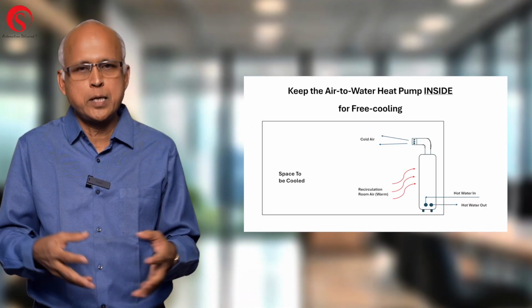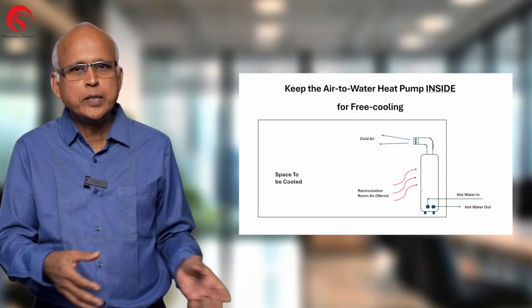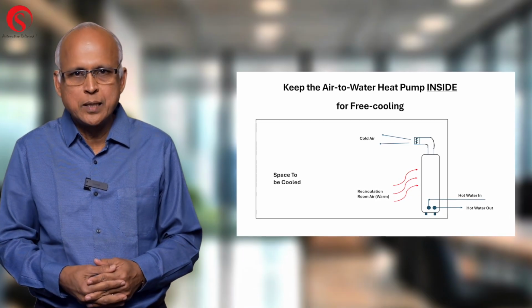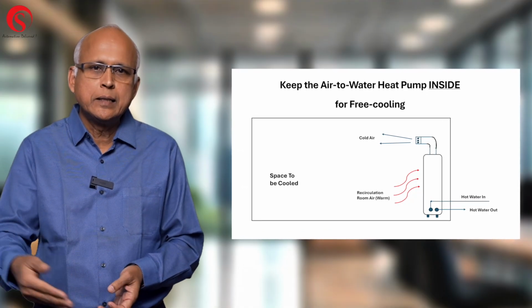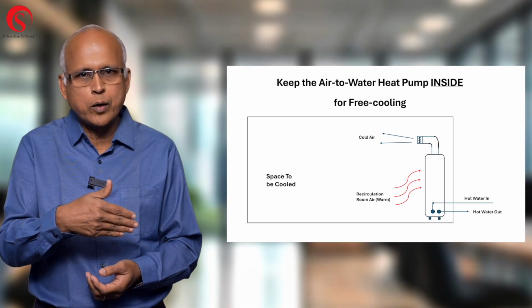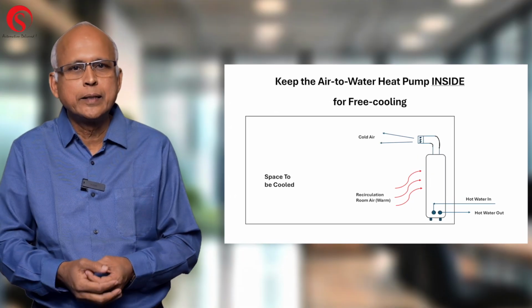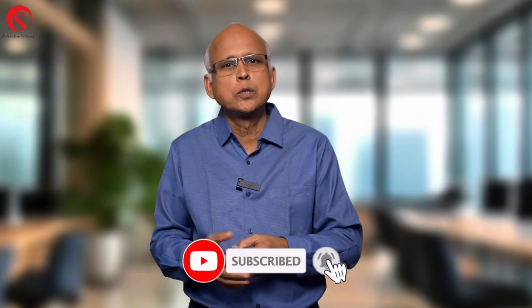Let us say you have an assembly hall or an electrical panel room. If there is available floor space, just keep the air to water heat pump there. It will keep taking the return air from that space, cool it through the evaporator coil and push it back into the room. So whatever cooling is available comes to the room only, the cabin only, the occupied space only. Then the hot water will be piped out.